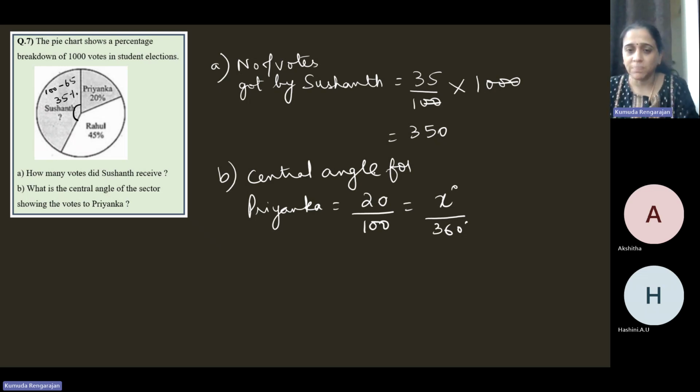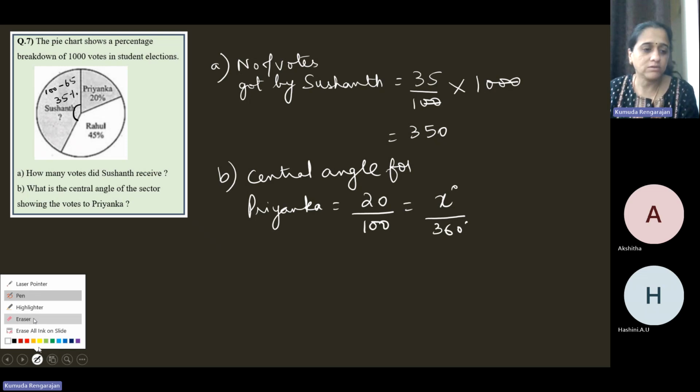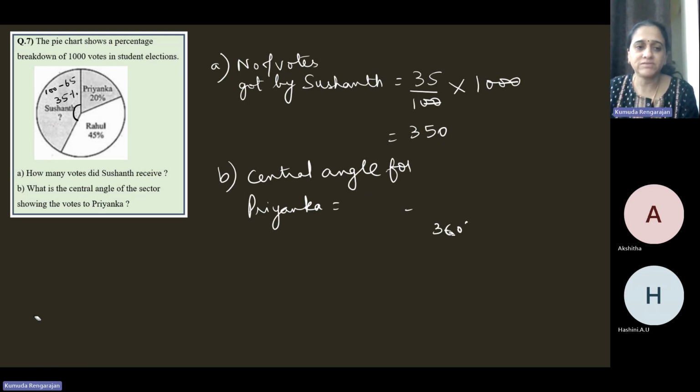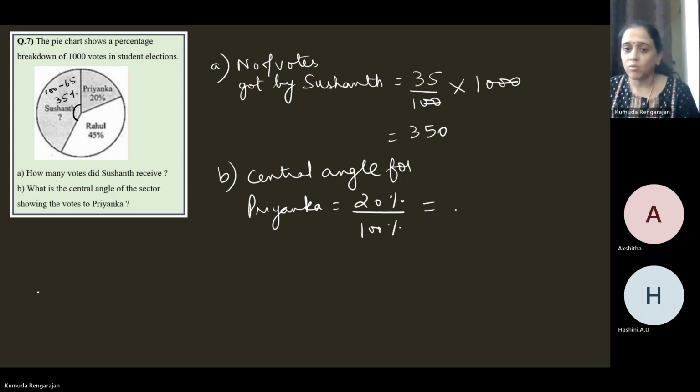Now, what is the relation? First fraction I wrote: 20% by 100%. 20% is the percentage for Priyanka, out of the total 100%. That is equal to the degree for Priyanka by the total, 360 degrees.